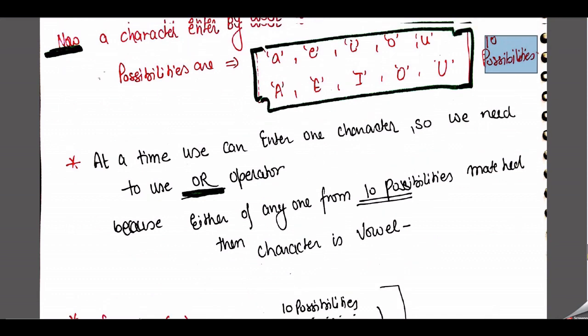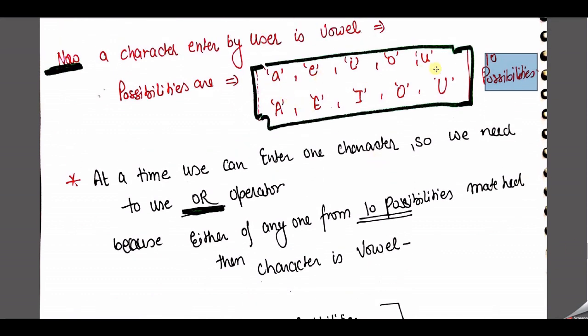So I found that if any one of the alphabets is entered by the user, then the character is a vowel. This is the most important point.